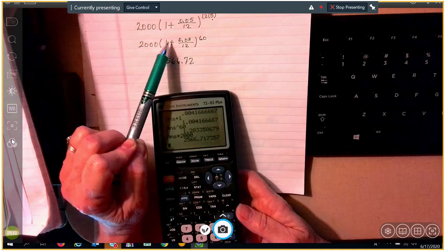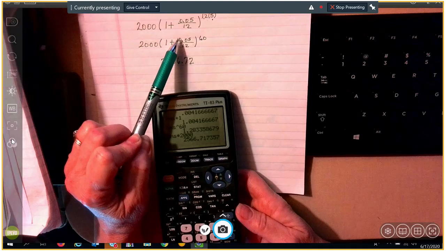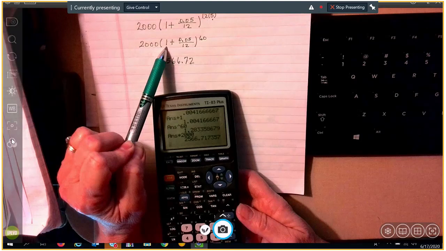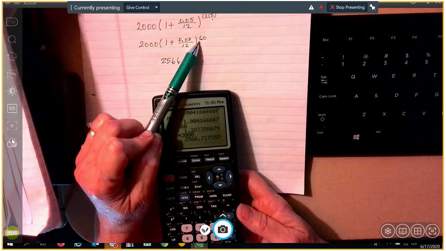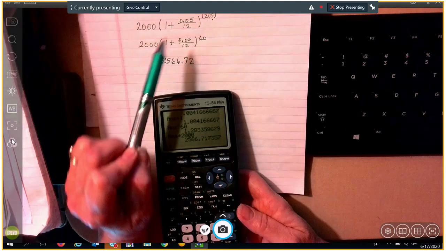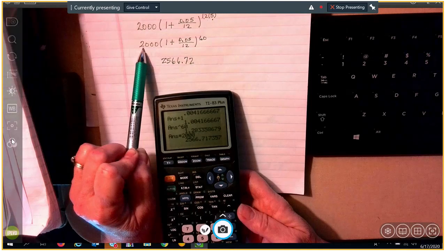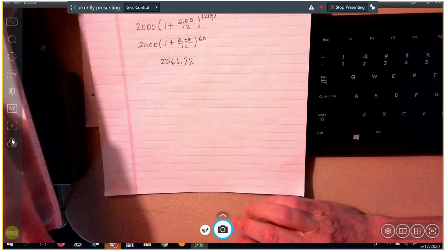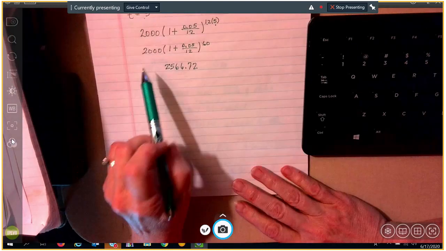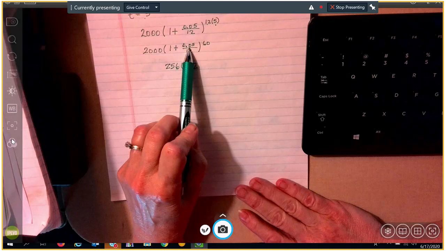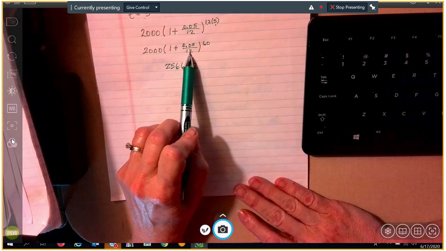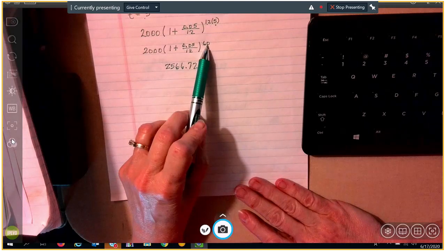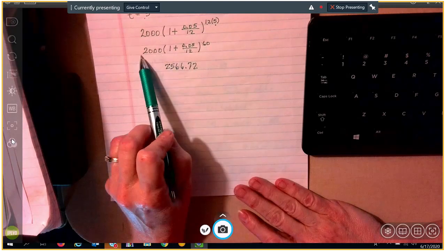So I did 0.05 divided by 12, I added the 1, raised it to the 60th power, then multiplied by the 2,000. Essentially what this is saying is if I were to take $2,000 at 5% and I am compounding it monthly for 5 years, then what is it going to be at the very end?